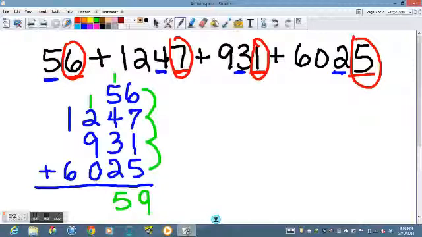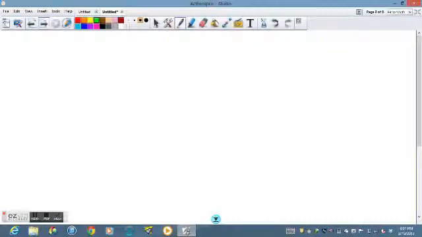Now we add 1 plus 2 is 3, plus 9 is 12. Write down the 2, carry the 1. And now 1 plus 1 is 2, plus 6 is 8. And my answer is 8,259. Okay? So just remember, when you're writing numbers in columns, you have to remember to line up your place values. All the 1s should be in a column, all the 10s should be in a column, etc.